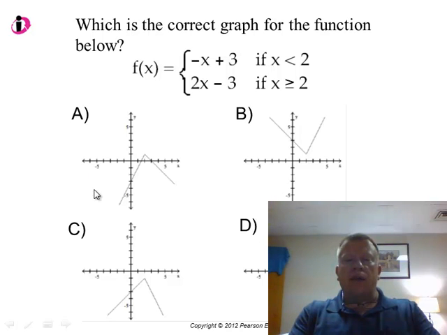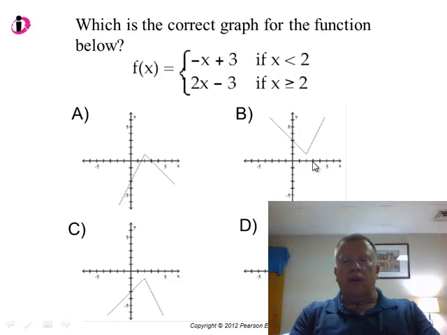So that automatically eliminates options A and C, because to the left of 2, those line segments have positive slopes. So we'll eliminate A and C. It's now down between B and D.